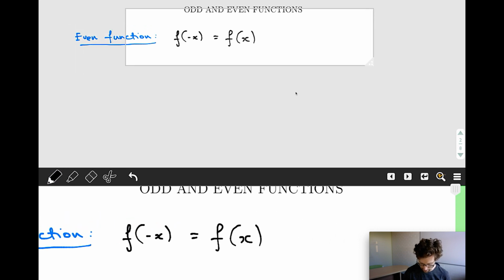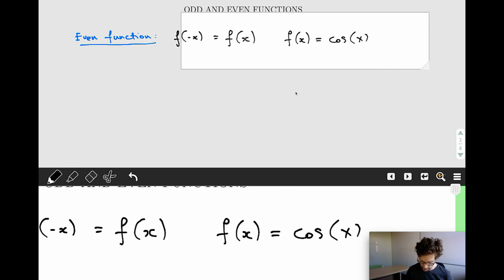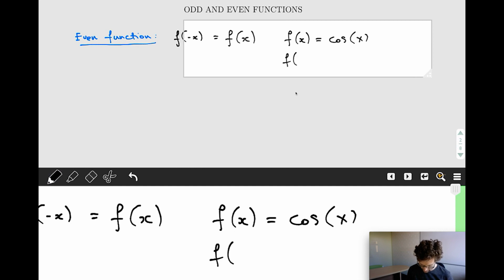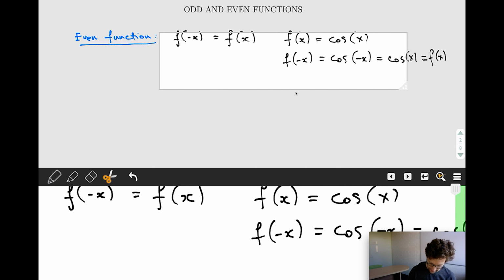Let's see an example of an even function. I'm going to choose the function cosine of x. So f of x is equal to cosine of x. If I change the sign of x, I've got the cosine of minus x, but the cosine of minus x is just cos x, which is my original function. So changing the sign of x doesn't affect my original function. Let's see what that would look like in a sketch.